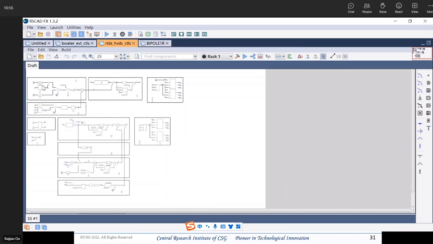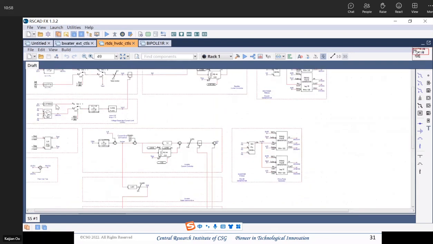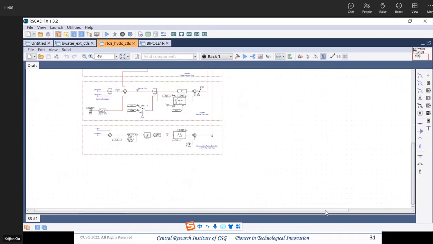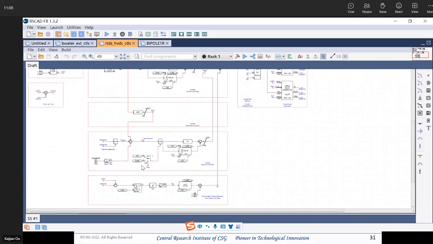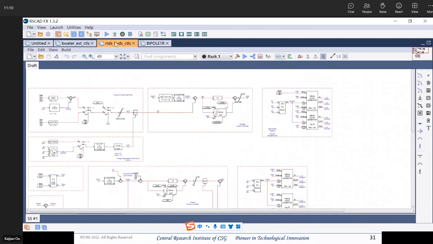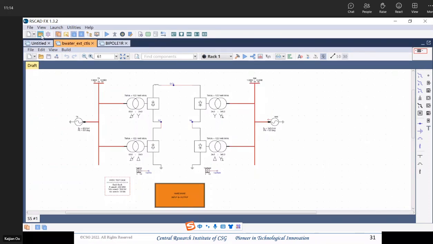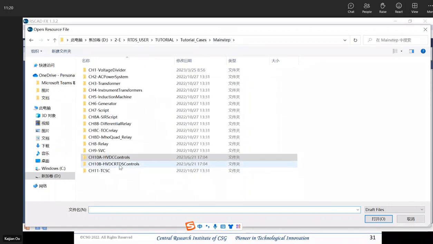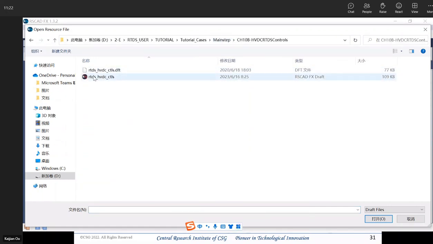Okay, here. Close it and open again. This one is RTDS controlled.